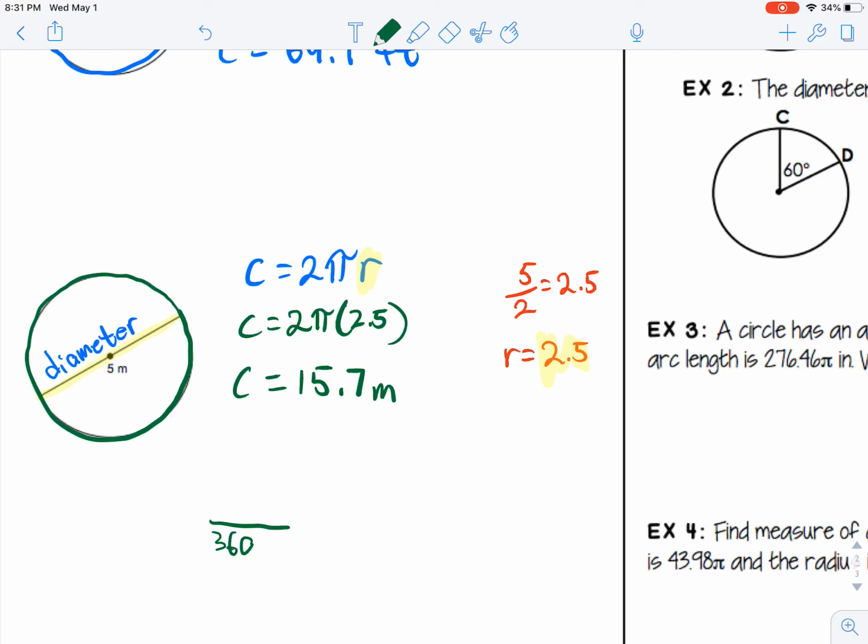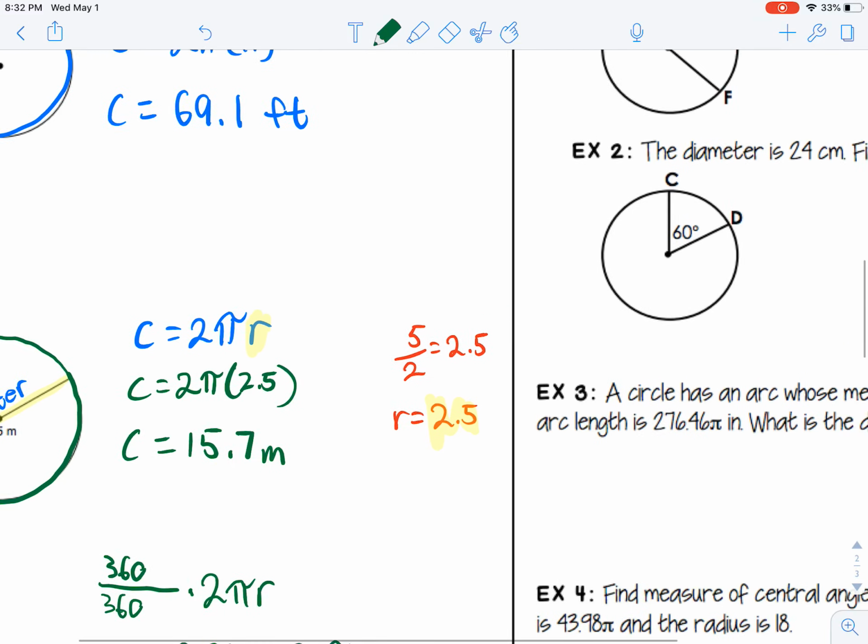If I'm using the whole thing, I'm going to have 360 on top times 2 pi r. Well, 360 over 360 is 1, times 2 times pi times our radius. Well, 1 times 2 is 2 pi r. So there's kind of how we get the formula for our portion, and our circumference.